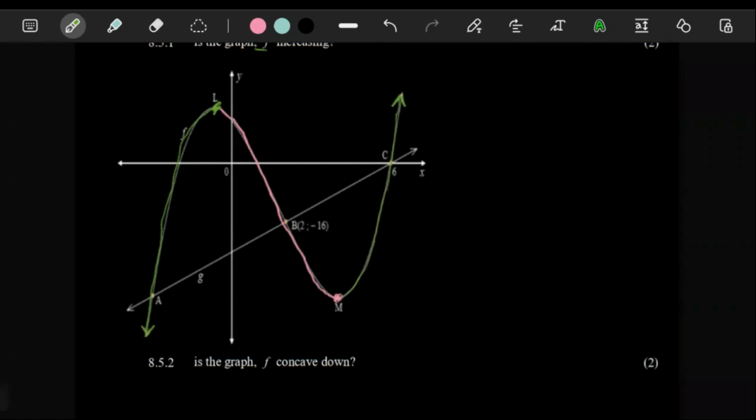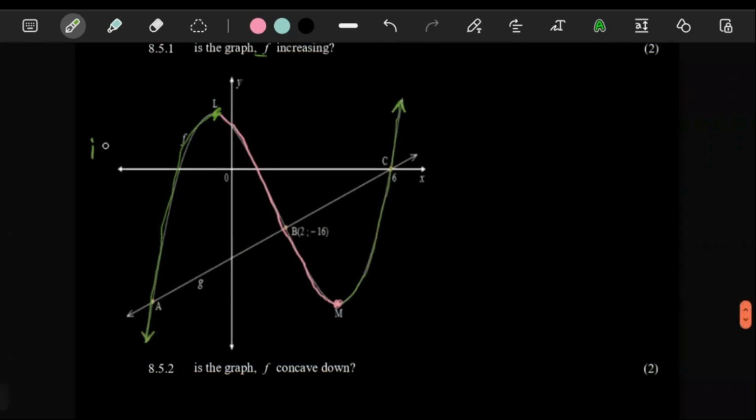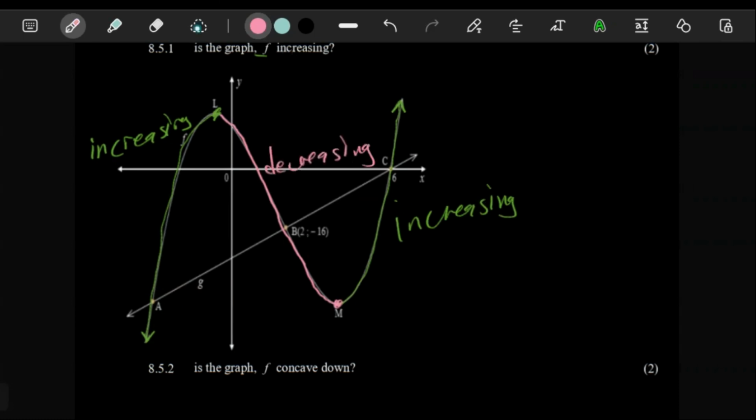So every time you're walking up, that's where the graph is increasing. Every time you're walking down, that's where the graph is decreasing. They want where the graph is increasing only.